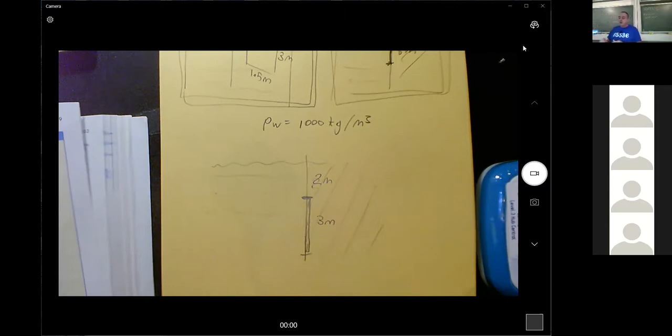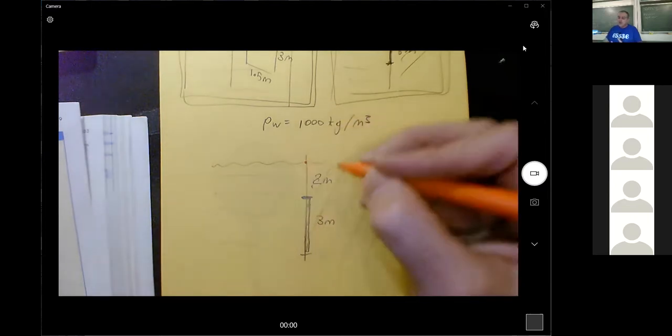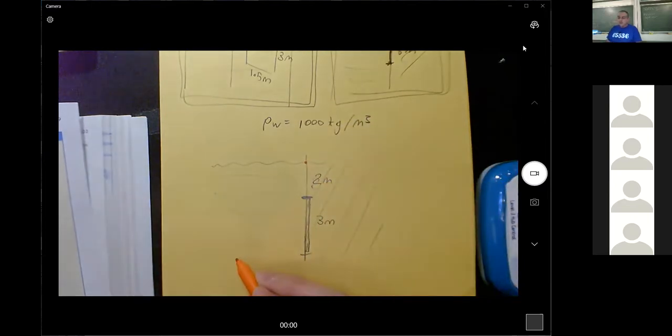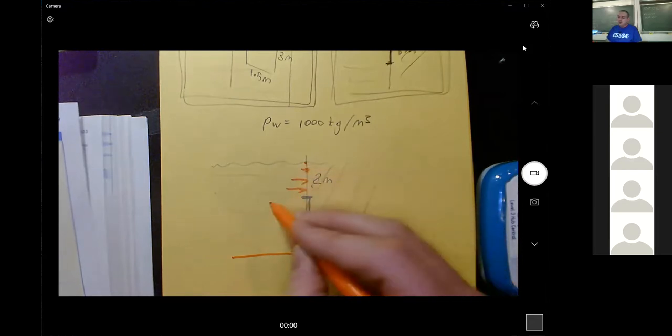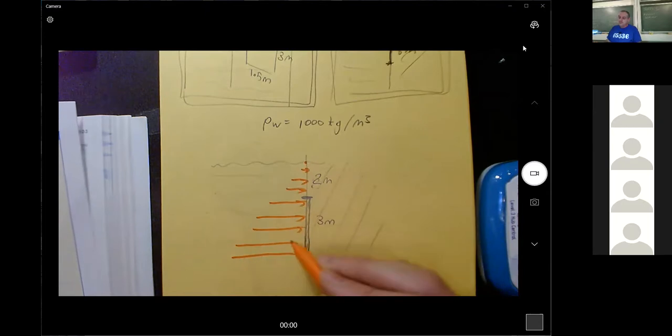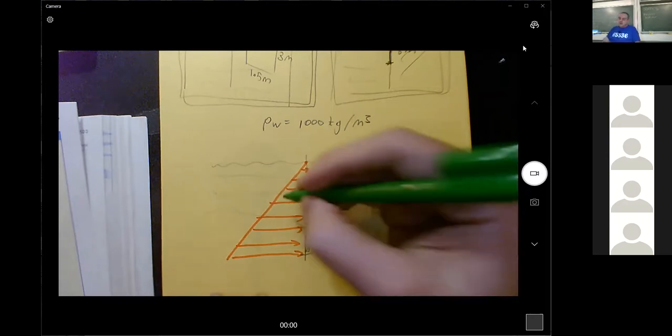So if I look at what the pressure is doing inside the water here, at this point there's no pressure, and at this point down here there'll be a certain amount of pressure, and it will go like that. But only the bit that's actually on the wall itself is the bit that I'm interested in.